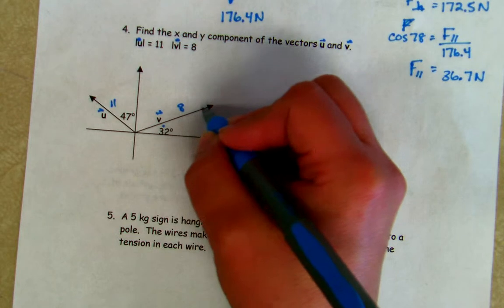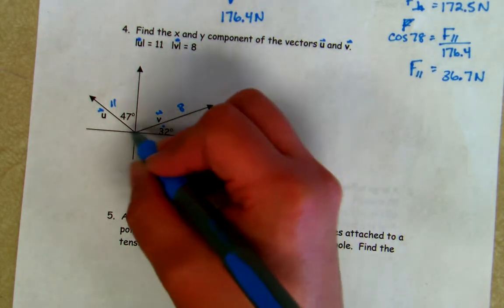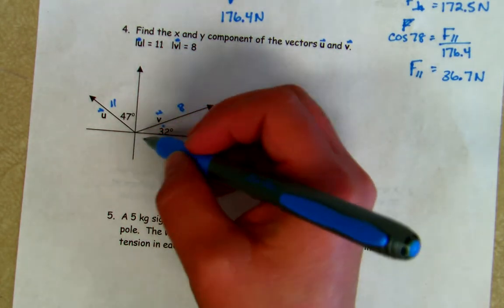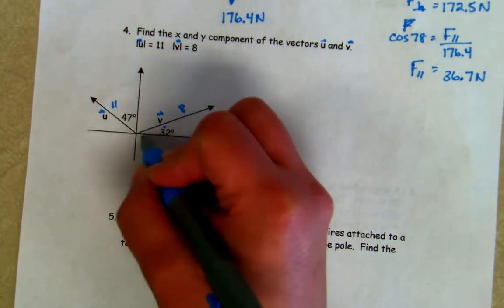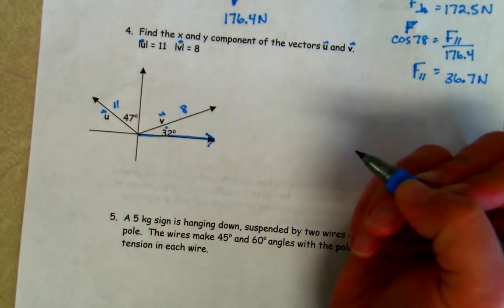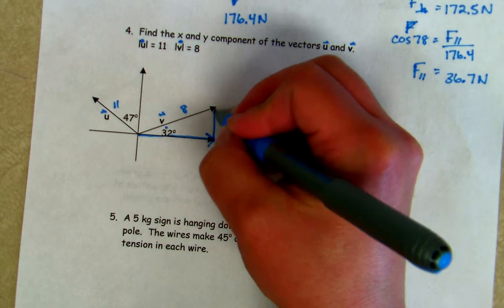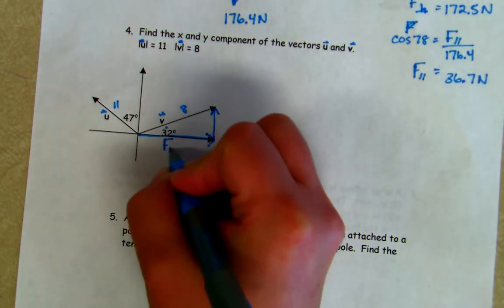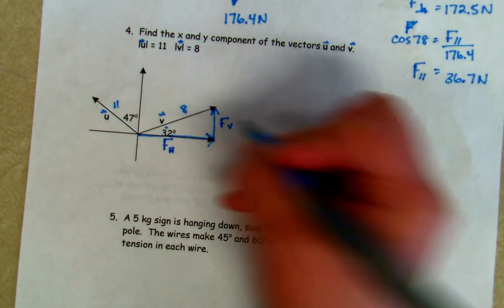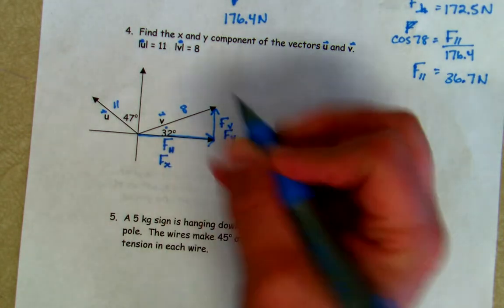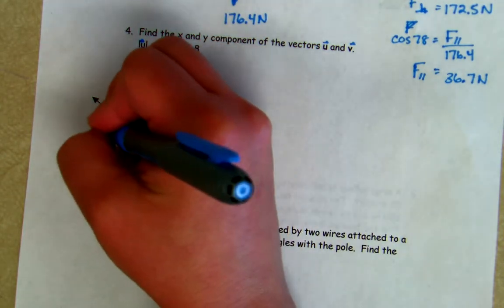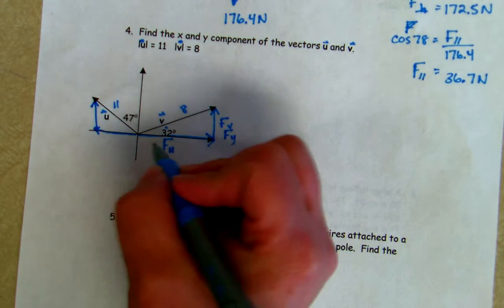Well, whenever you have a vector that's not acting straight up and down or straight across, it has components. This here is the result of some force going over and some force going up. So that's the horizontal component and that's the vertical. Sometimes it's denoted Fx and Fy. So both of them have it happening.